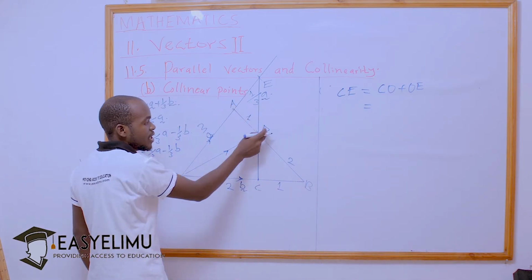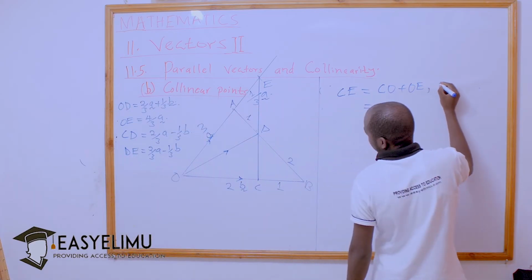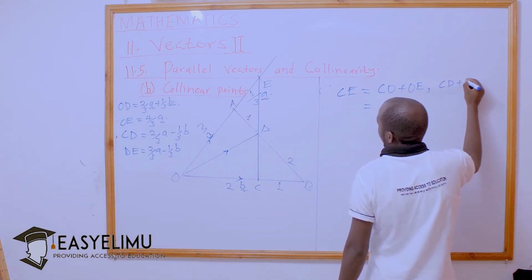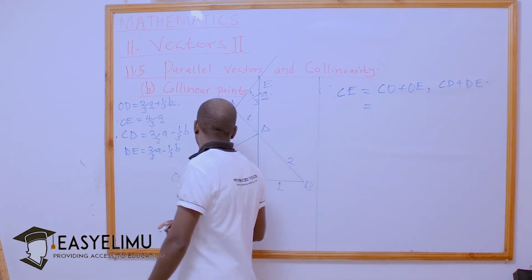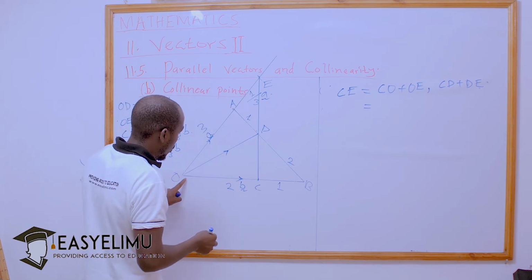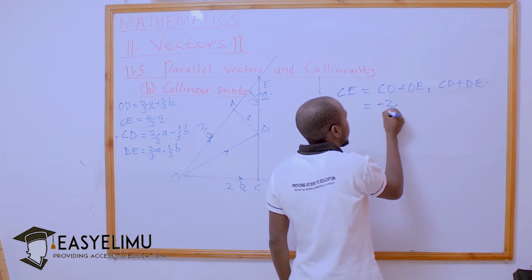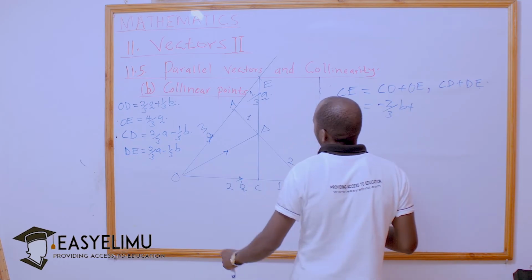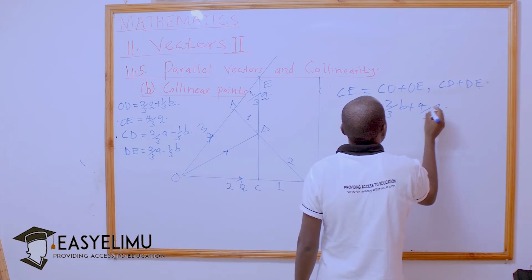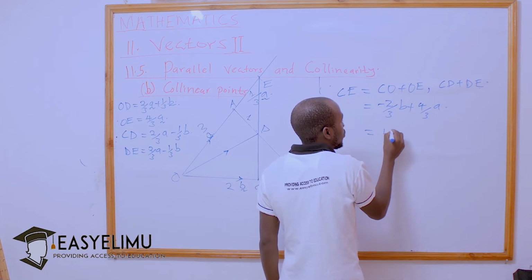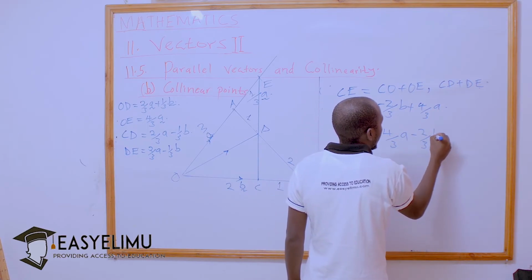But since you have CD and DE, you can still add them together. So we shall take CO plus OE. CO is negative 2 over 3 B plus OE is 4 over 3 A. This gives you 4 over 3 A minus 2 over 3 B.